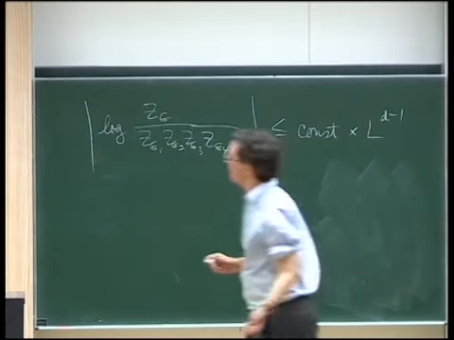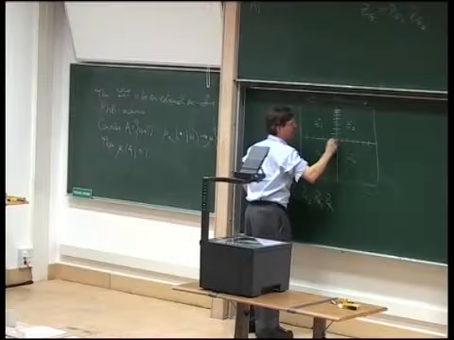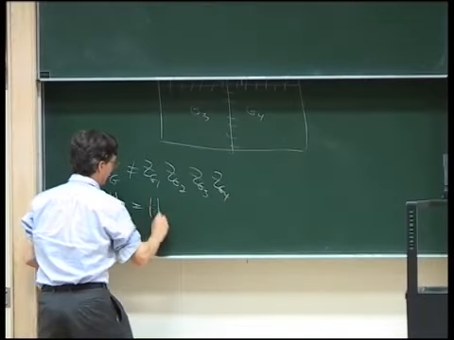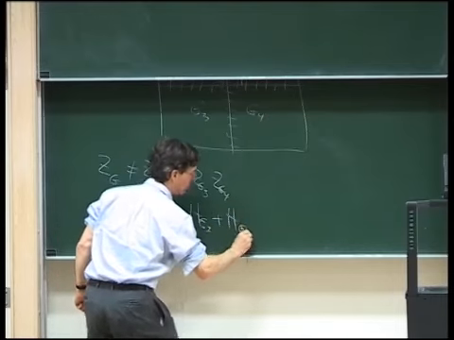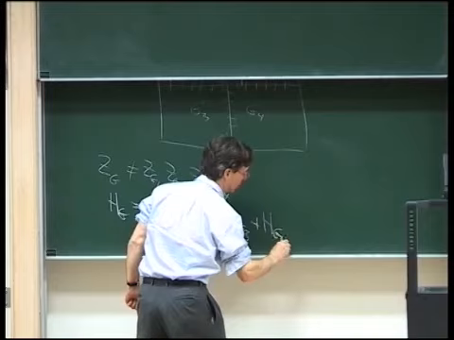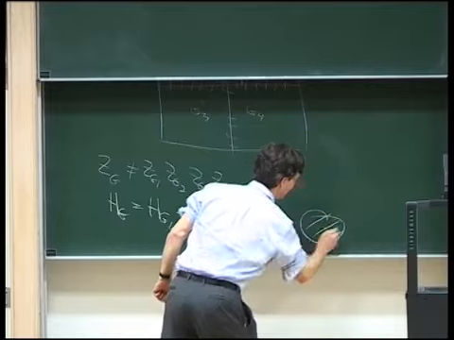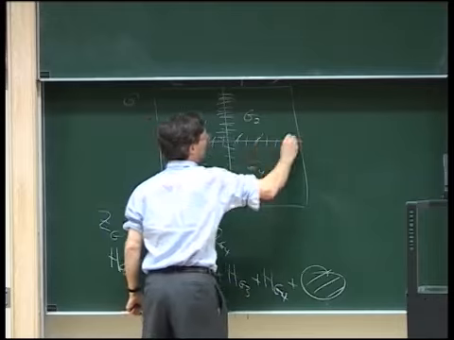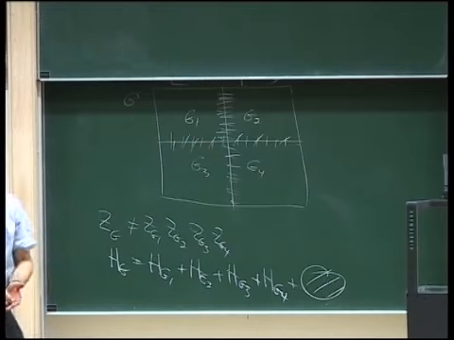Because the Hamiltonian in volume G is the Hamiltonian in volume G1 plus the Hamiltonian in volume G2 plus G3 plus G4, plus this extra term coming from the edges that cross the boundary, but there are only order L to the d minus 1 of such edges.